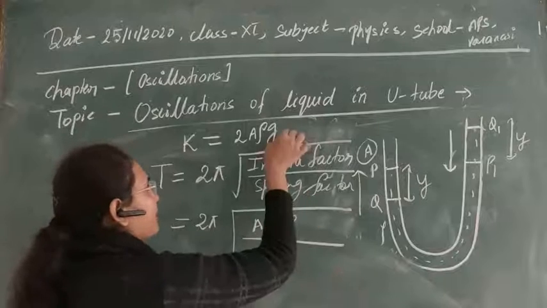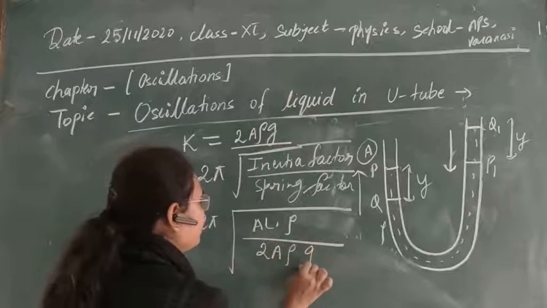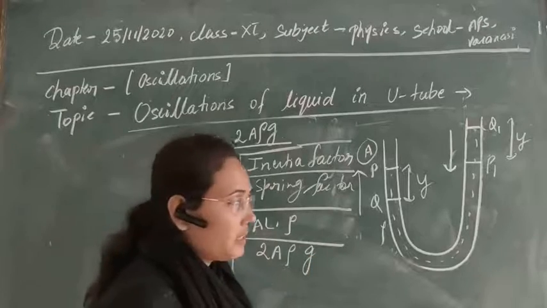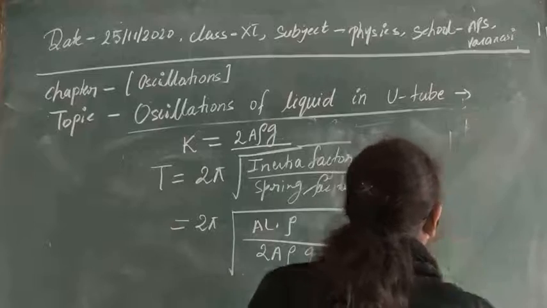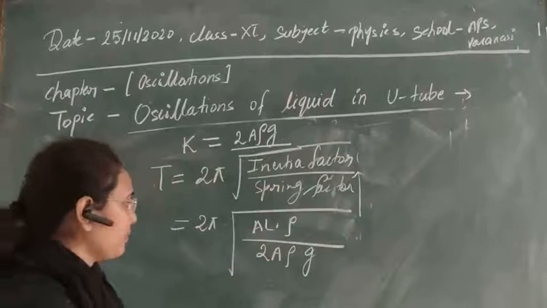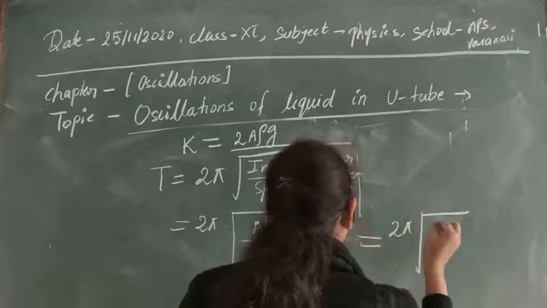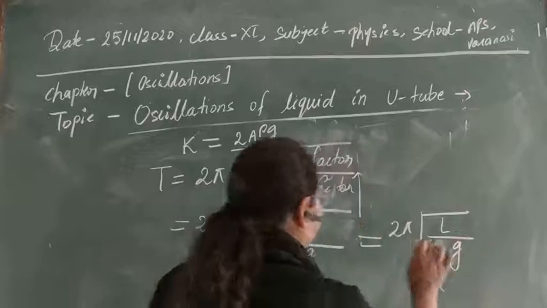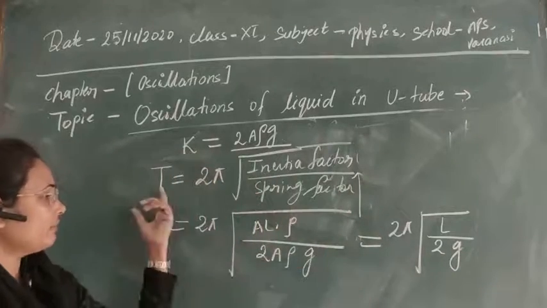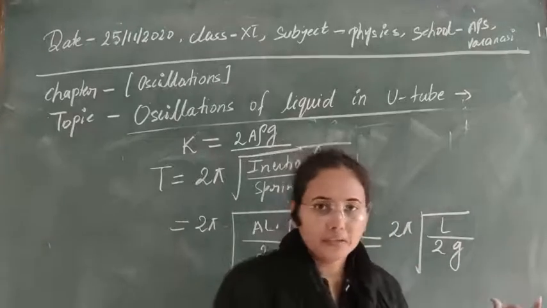And the spring factor we have already calculated, that is 2A rho into g. Now if you solve this, it will give us the time period of the liquid oscillating in U2. So after solving you obtain 2 pi root of L upon 2g. So this is the value of the time period for any liquid that is oscillating in U2.